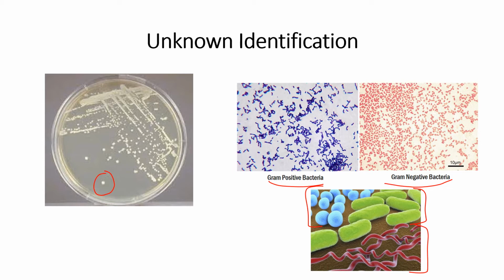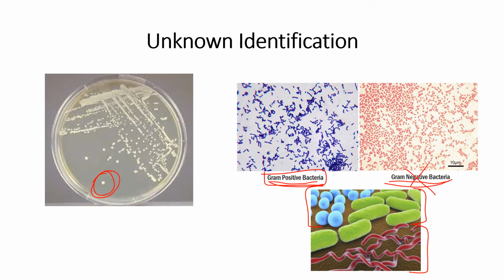First of all, with a streak plate, most of the bacteria that you will be looking at produce colonies that are similar to this: small, circular, entire, and whitish colored colonies. For the gram stain, your bacteria are either going to be gram-positive or gram-negative. If you determine your bacteria is gram-positive, that means any type of bacteria that is gram-negative is not an option for the identity of your unknown.